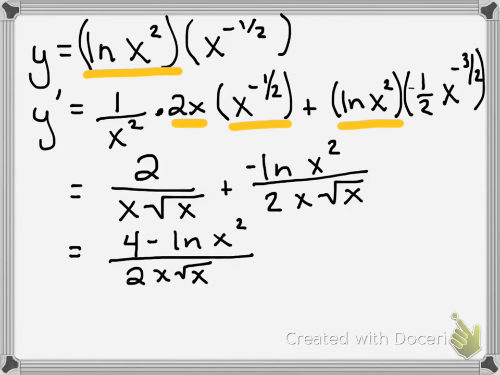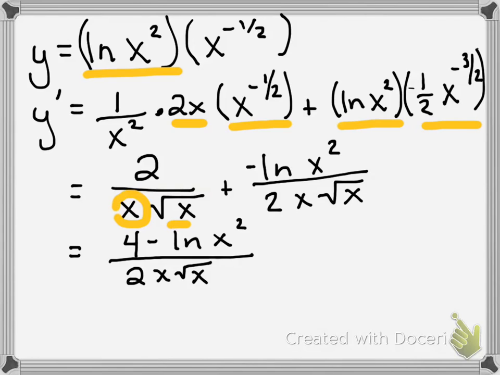So your negative 1/2 comes down in front, you subtract 1. Okay, and then we just did some simplifying. So my x and my x squared simplified to just an x in the denominator, and then my x to the negative 1/2 came down to the bottom. In the second function, I had the negative 1/2 get multiplied in the front.